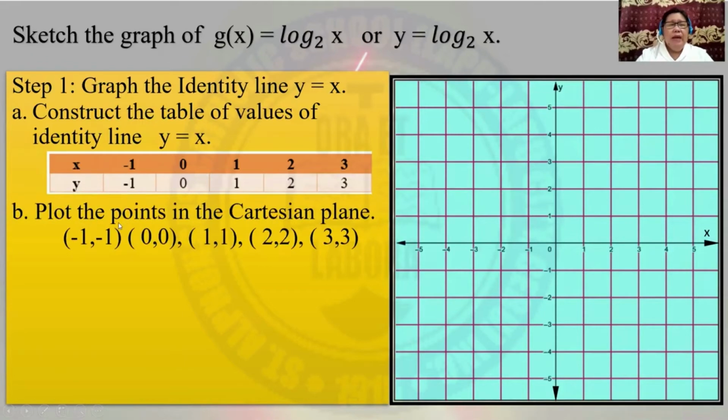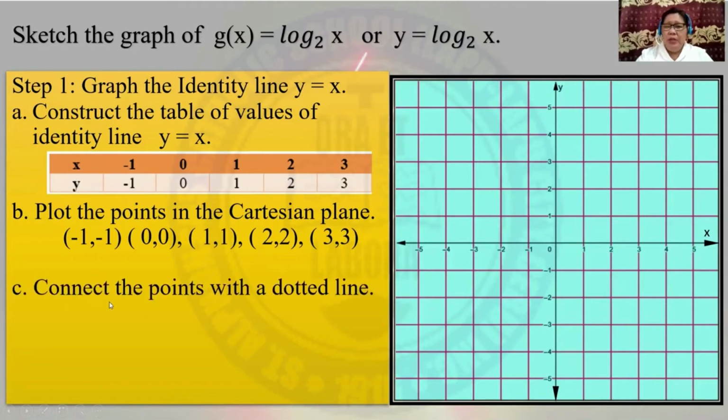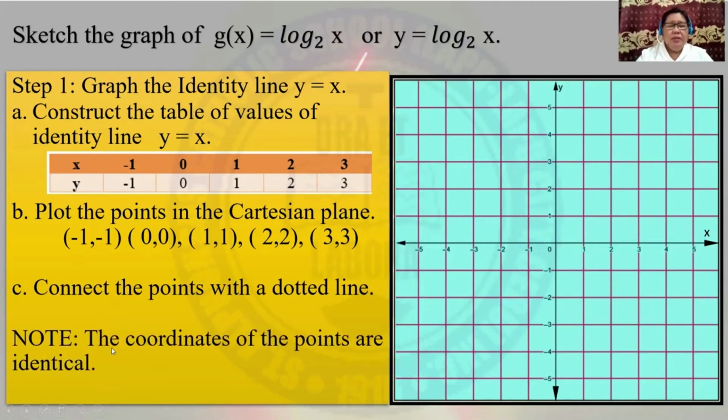Then, we have to plot the points in the Cartesian plane. So the first point with coordinates -1 and -1, then followed by 0, 0, 1, 1, 2, 2, 3, 3. Then after that, you have to connect the points with a dotted line. And you have to take note the coordinates of the points are simply identical.